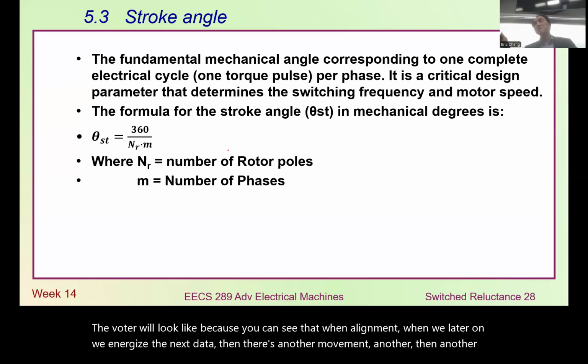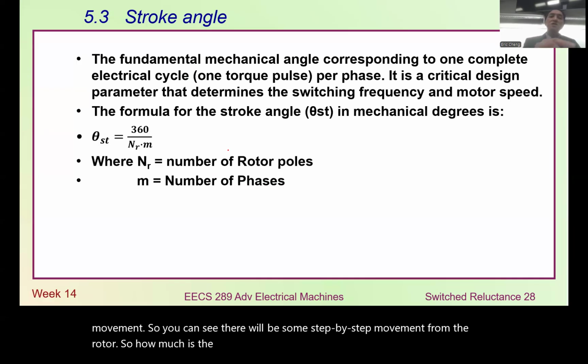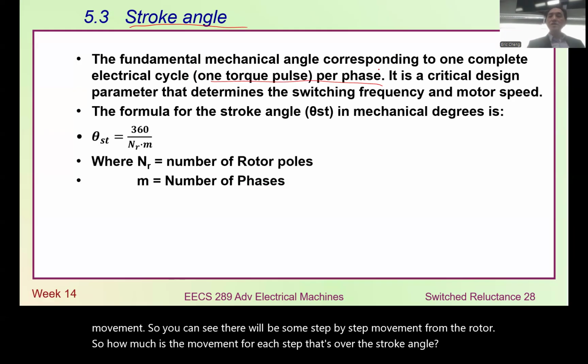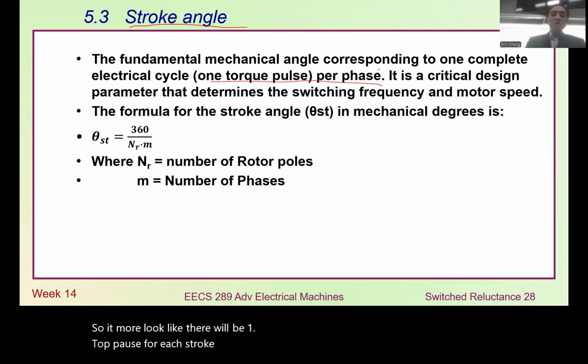So you can see there will be step-by-step movement from the rotor. So how much is the movement for each step? That's the so-called stroke angle. It looks like there will be one torque pulse for each stroke angle. Someone told me there's a formula for this.